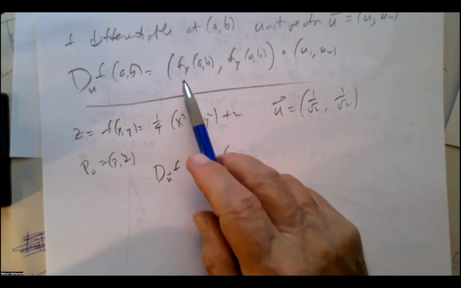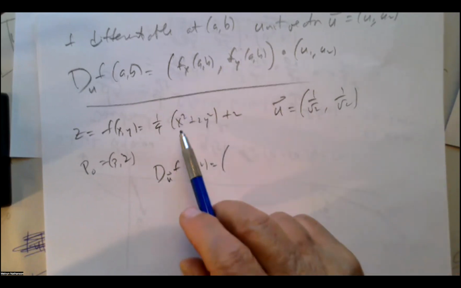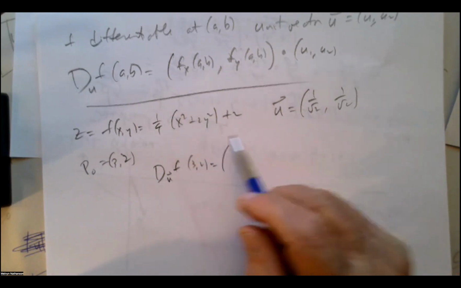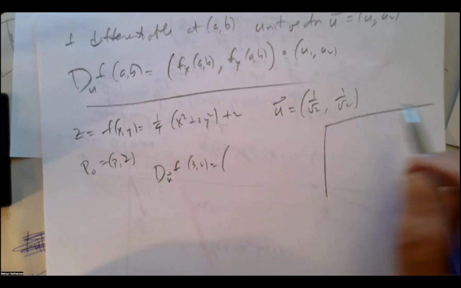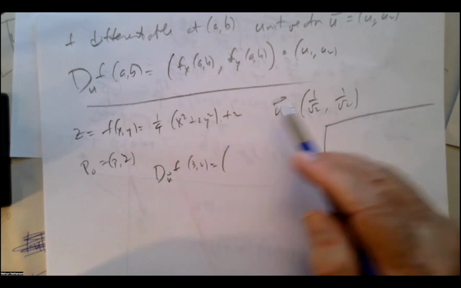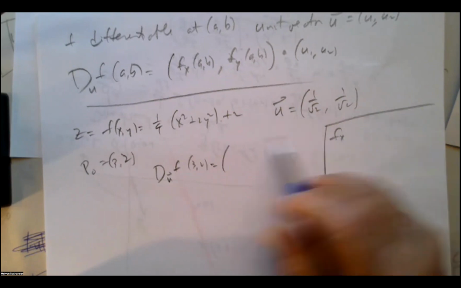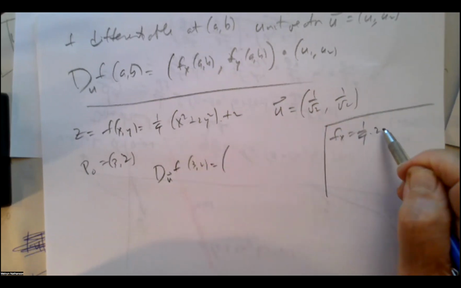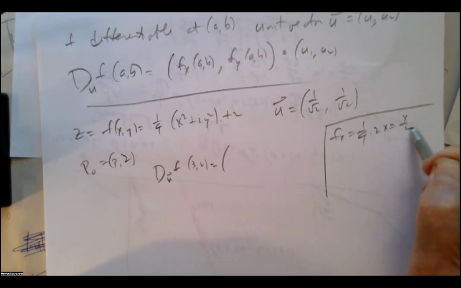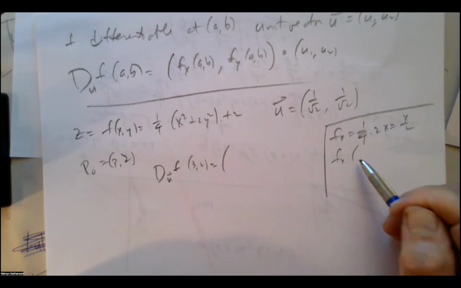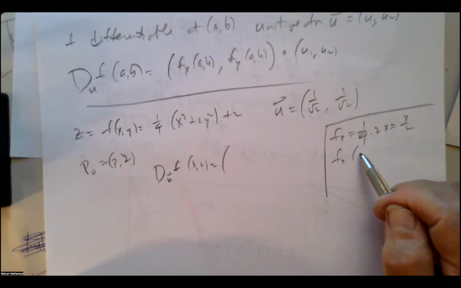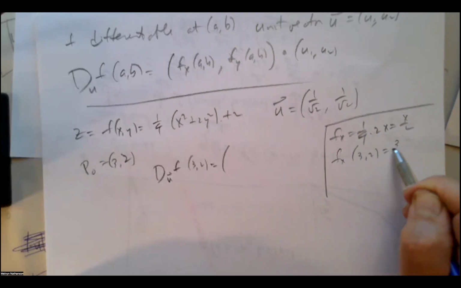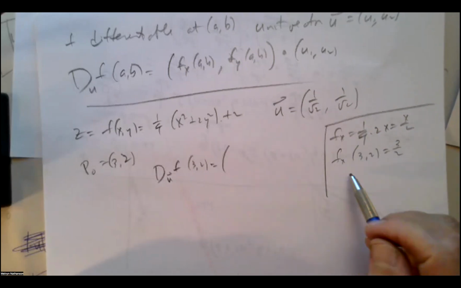I take the dot product of the partial of f with respect to x, partial of f with respect to y. Make a little table here. So this is f. Partial of f with respect to x is 1/4 times 2x, or x over 2. So the partial of f with respect to x at the point 3, 2 is 3/2.